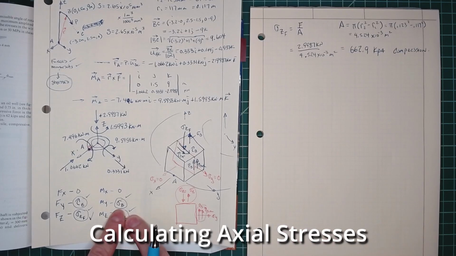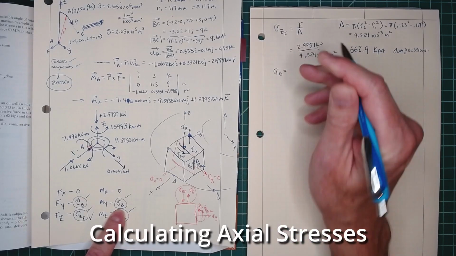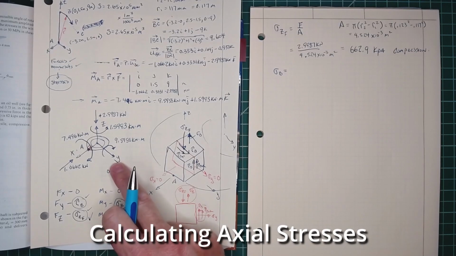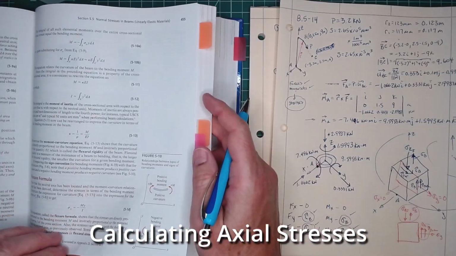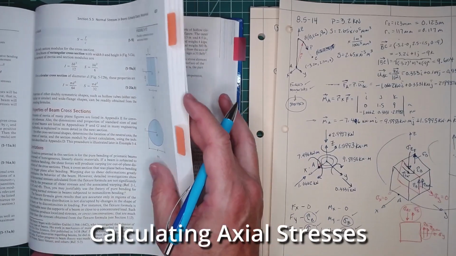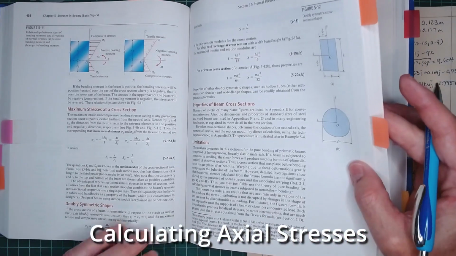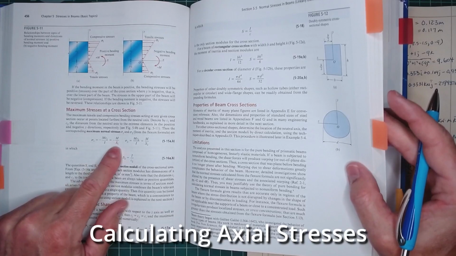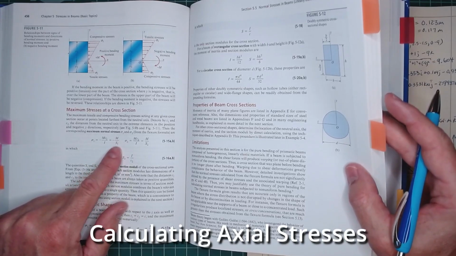So the next one, sigma B. Sigma B is due to a bending stress about the y-axis, or a moment on the y-axis. We can go back and take a look at the equation for this, which is for stresses in beam sections, back in chapter 5 also. It's MC over I, but we are given our section modulus, so it's really M over our section modulus.